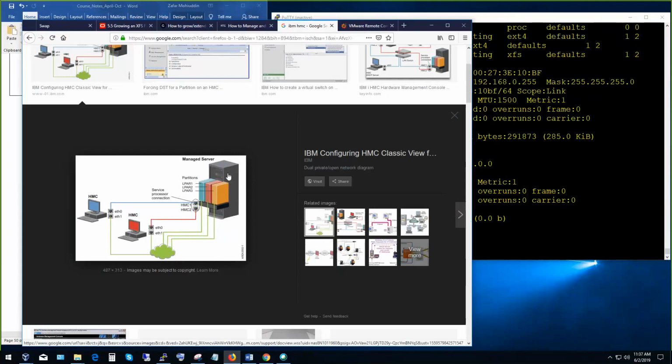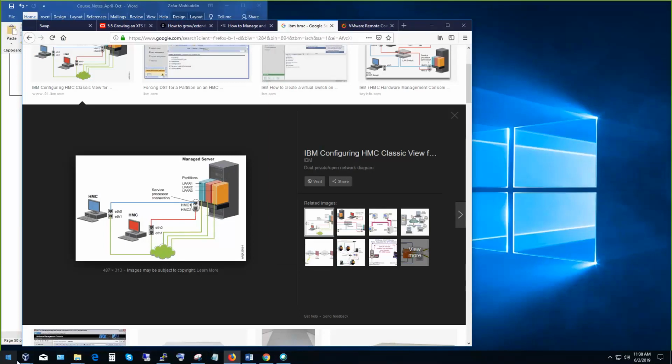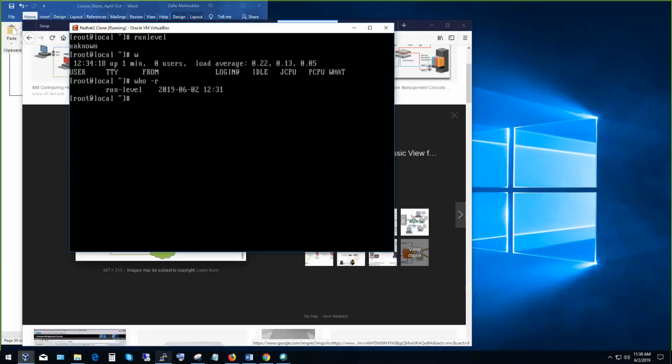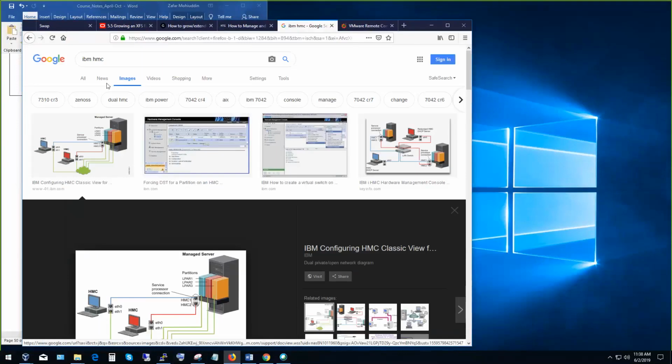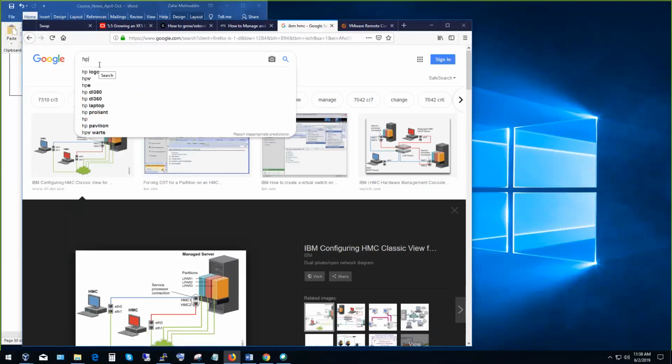And then if you cannot connect directly there, there is another connection called HMC. So it's outside the physical server. You connect to that. Once you connect to that, you would be as if you're standing in front of the server. And then for HP, it's iLO, I think.